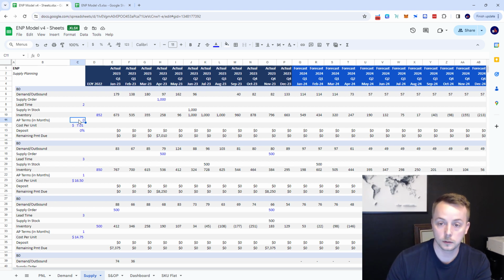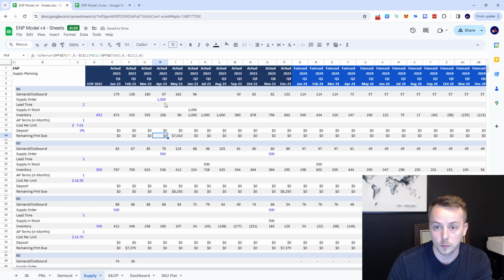It gives you this number because it allows you to then estimate what kind of cash you need on hand to purchase that. And if we change those to, let's say you're on net 30 terms, right, it will move, so you order here and then you pay next month, right? Well, let's say you order and you pay on delivery. So it's 2 month lead time. So you put it two months.